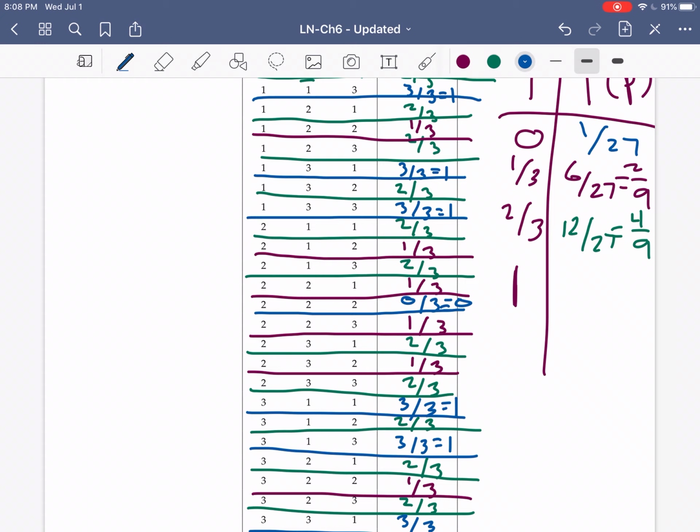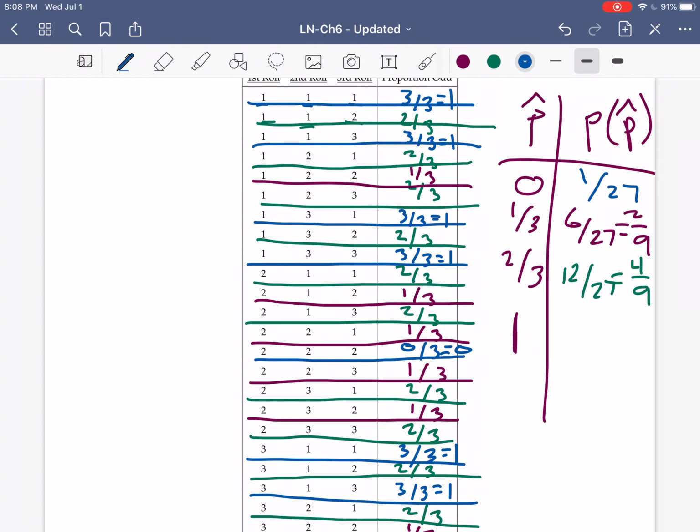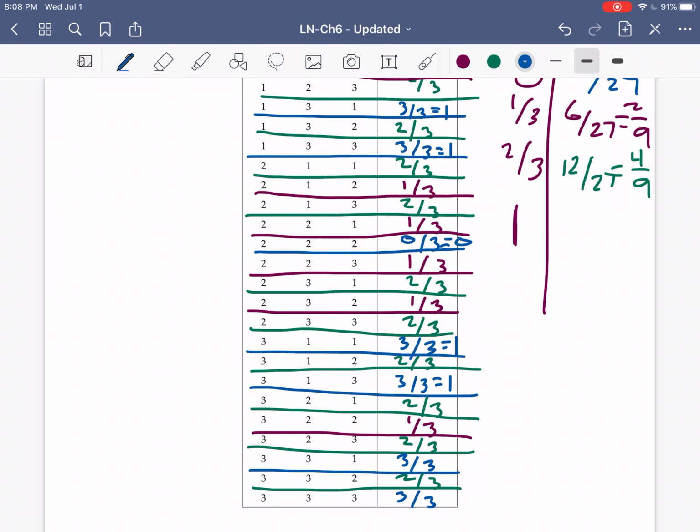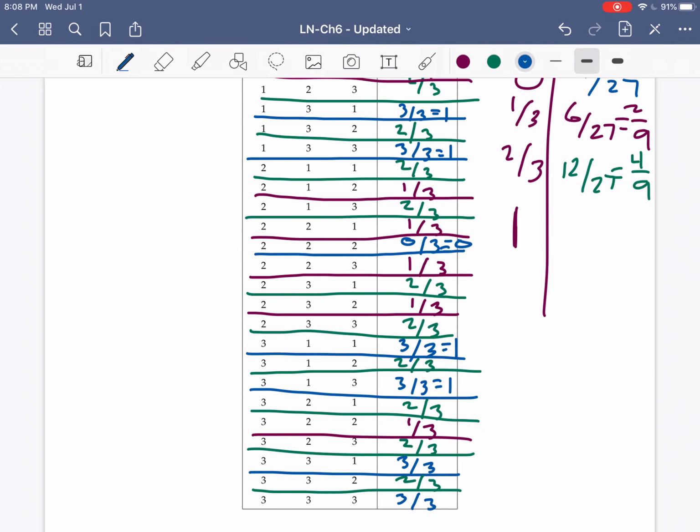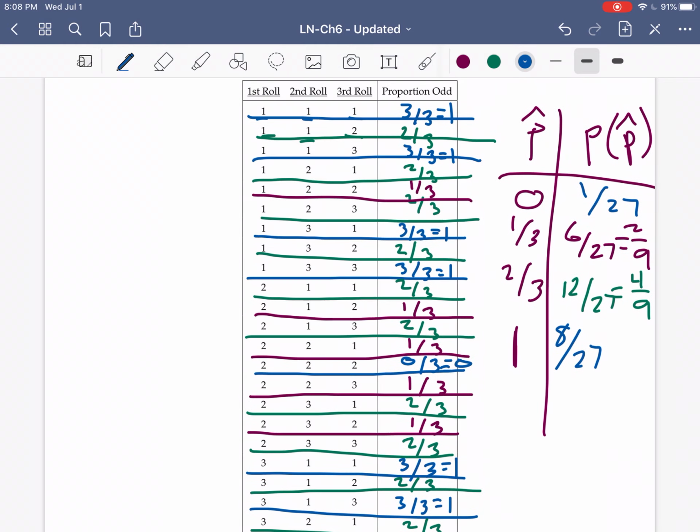And that proportion of 1, it showed up 1, 2, 3, 4, 5, 6, 7, 8 times out of the 27. So that is a sampling distribution for the proportion.